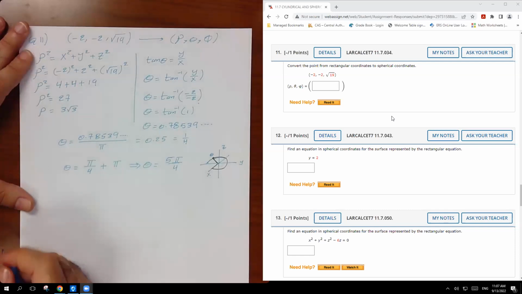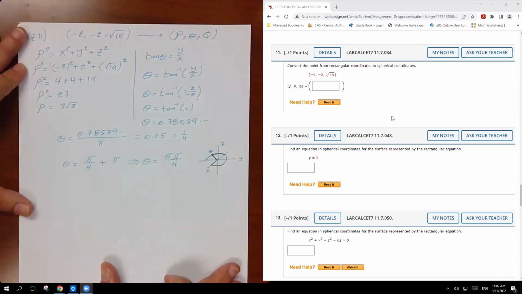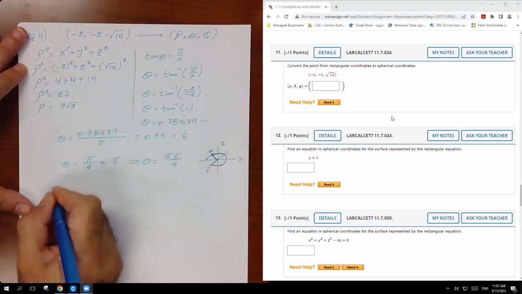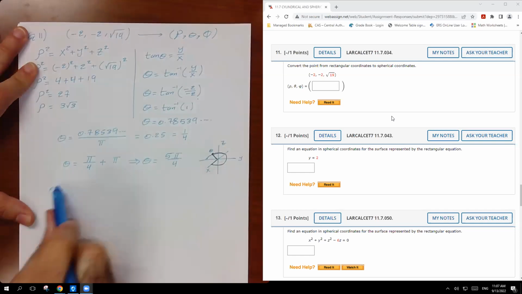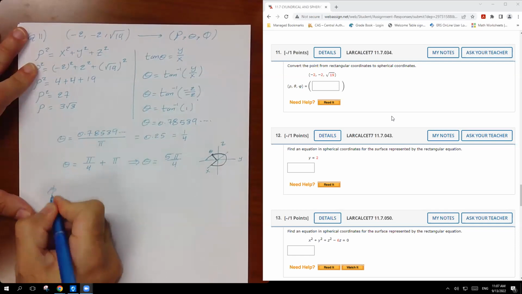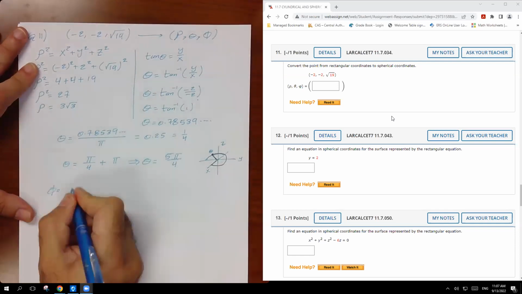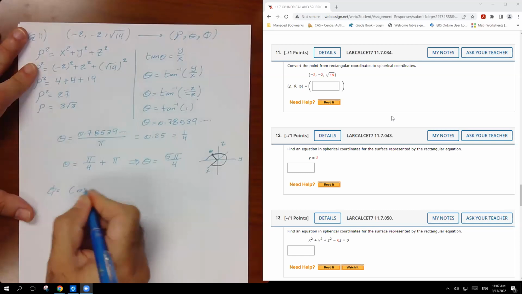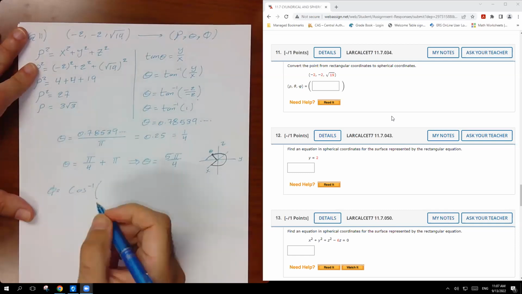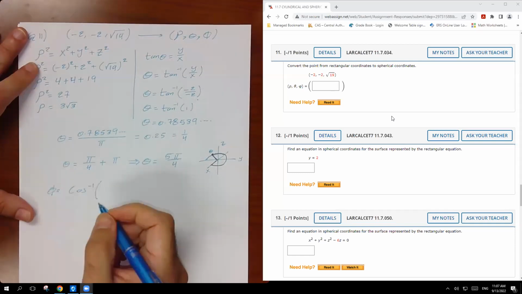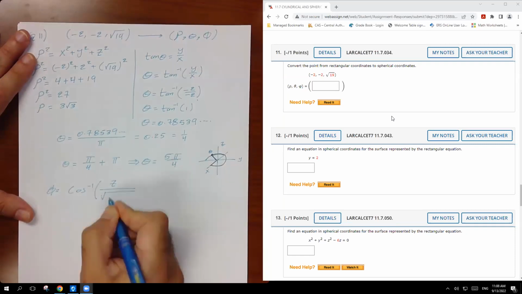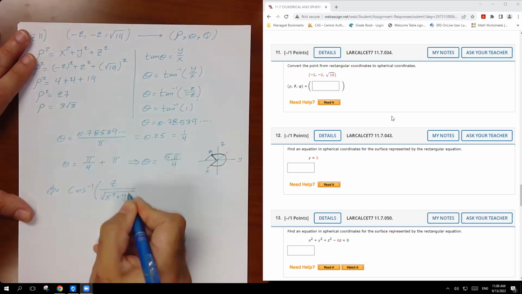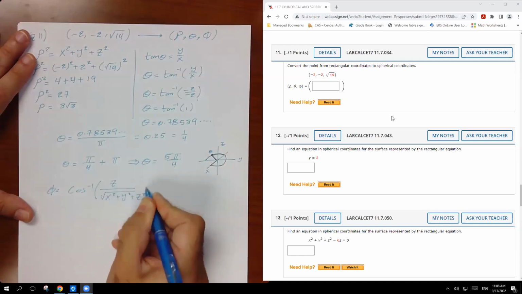Now we're going to keep going to find phi. Phi is going to be cosine inverse of z over square root of x squared plus y squared plus z squared.